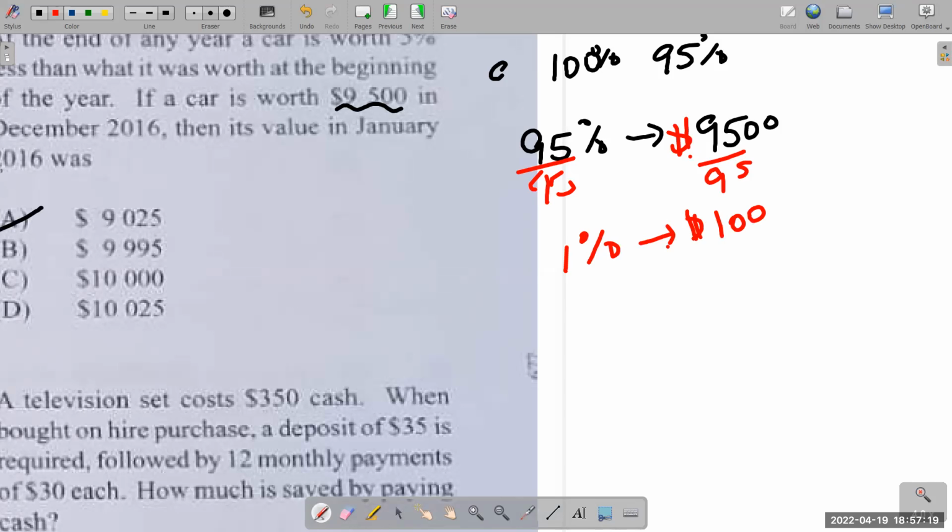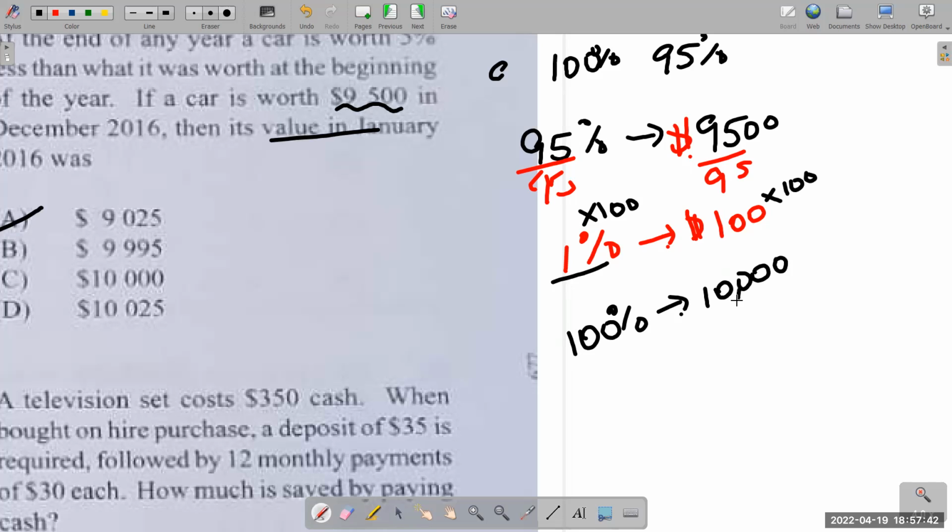Talk to me, because these are the skills we need to remember. These are the most important skills we need to remember. They didn't ask us for how much is 1%. They asked us for how much is the money at the beginning of that year, which is 100%. So we want to find 100%. So we multiply by 100. So 100%, which is what we started off with, would be 100 times 100. You add your 2 zeros, $10,000.